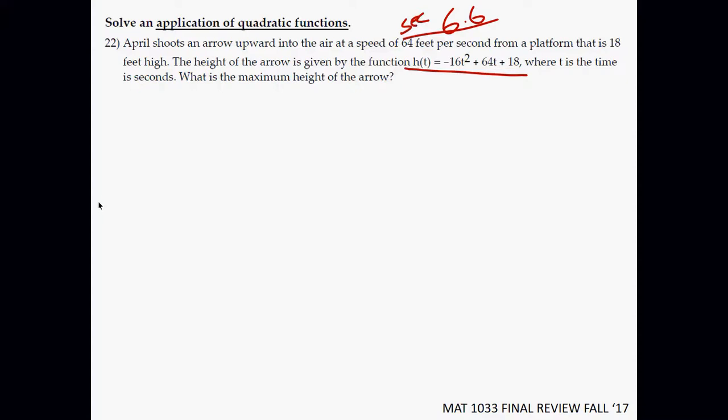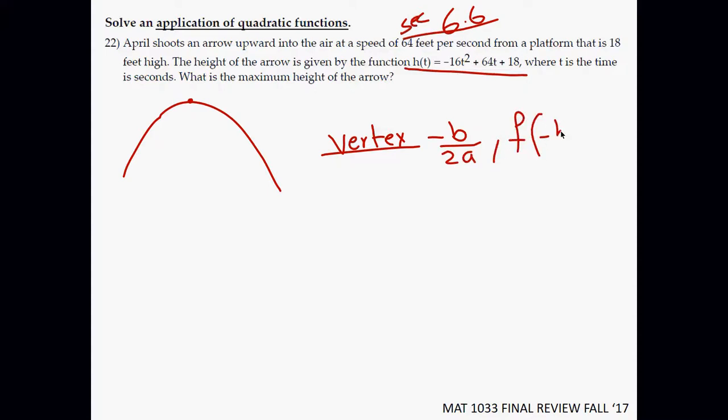So it's very clear that the arrow path will be going this way. It has to start somewhere and it has to go down. That means it's the vertex. And as we learned, the vertex will be negative b over 2a, and f of negative b over 2a, where this is my a, this is my b, and this is my c.